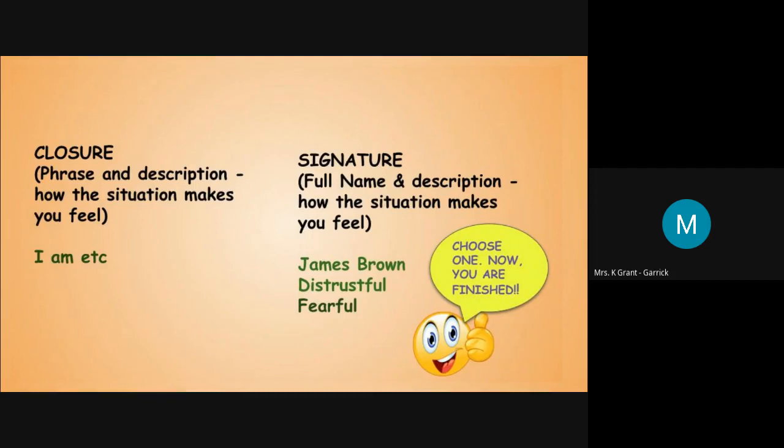This is a phrase, and then you have a phrase or a description to describe how you feel. Could be distrustful, fearful. So you could have, "I am, etc. Distrustful," or you could have, "I am, etc. James Brown, distrustful." So you have your closure and your signature there, and that's how you normally end your editorial.